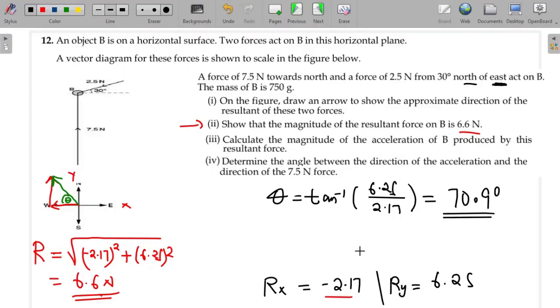This 70.9 degrees is the angle inside there.